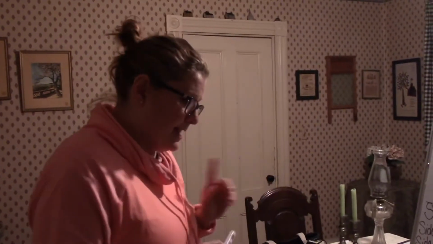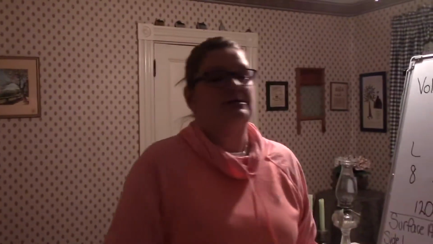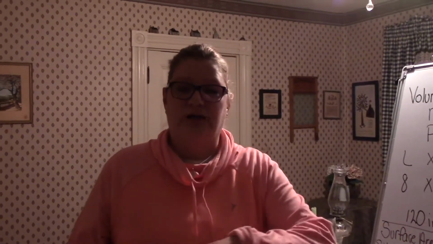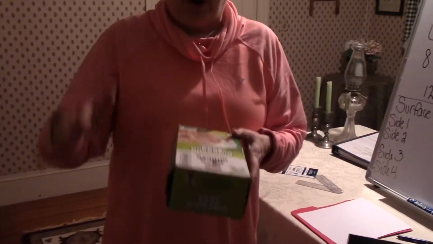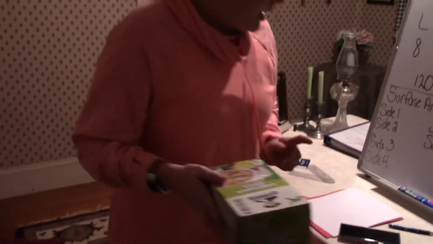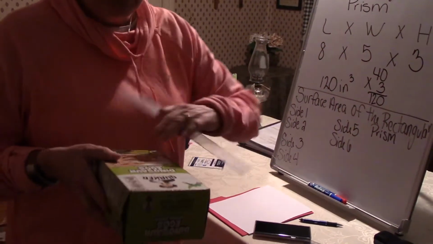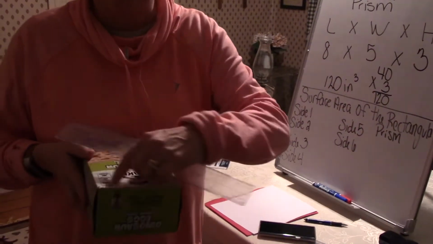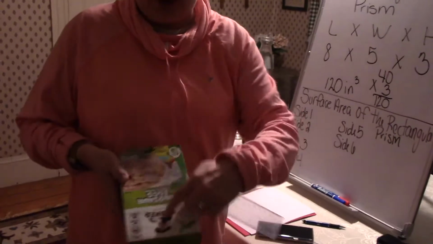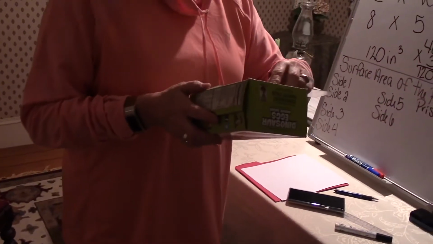All right? Now, if I'm going to find the surface area of this rectangular prism, I need to measure all the faces. So I can literally take the box apart to do that, or I can start with it in this form right here. I need to know what the length and width is of this face right here. So I'm going to measure across.